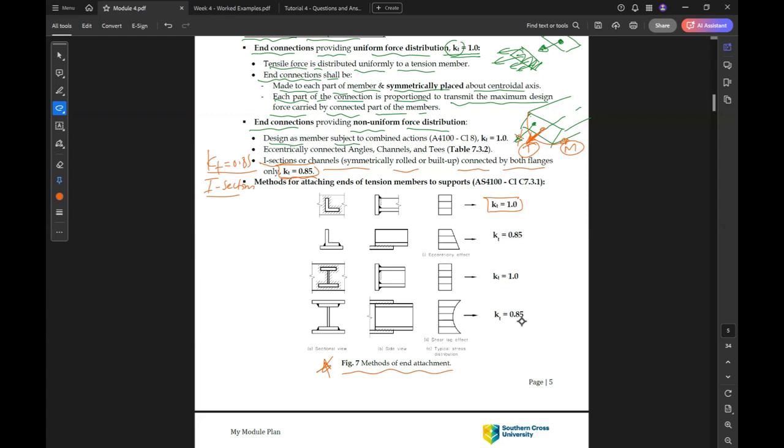If we have this type of connection, where the angle is a bit not centered to the blade, we have Kt equal to 0.85. For this built up section or I section, the stress will be distributed like that, so we can take Kt as 0.85. So this is just some explanation of the value of Kt.